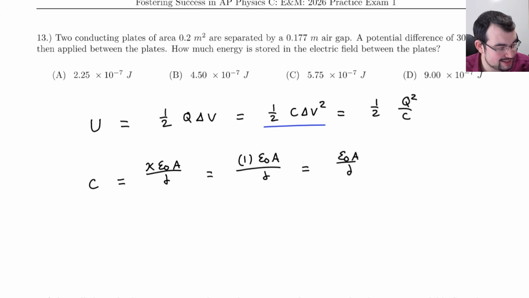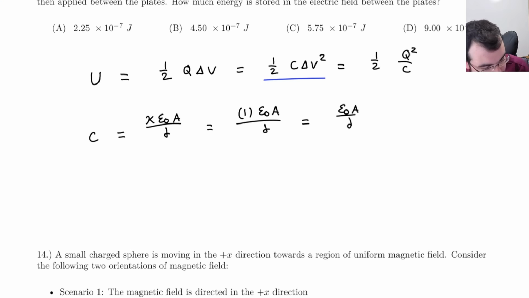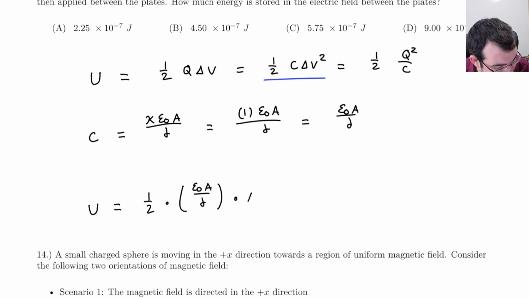So you can see why I say please skip these calculation-based questions if you have the time, because this is going to be quite time consuming. Our stored energy is just going to be 1/2 times the capacitance, epsilon naught A over D, times the applied potential difference squared.